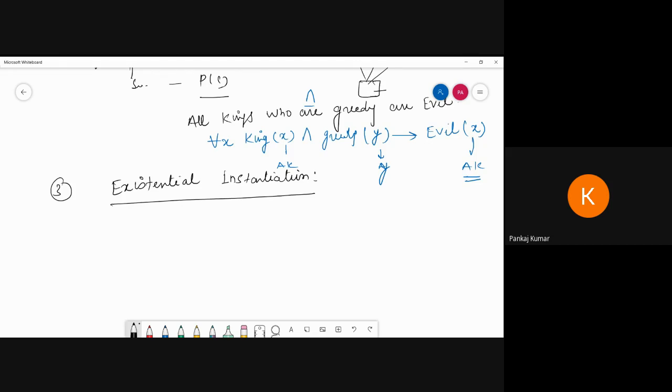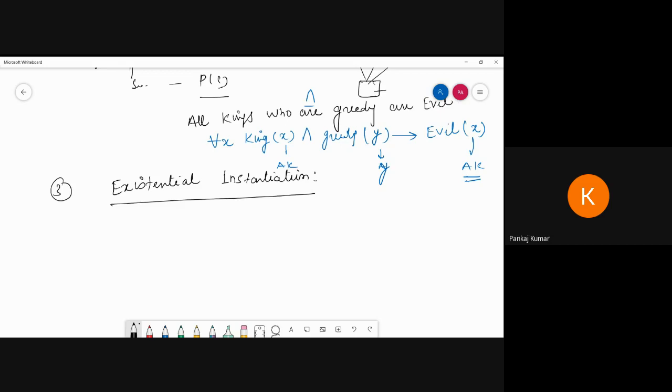If you already have some data, you have to eliminate something from that data, and after that we have to add some inference rule, and then we have to prove this is true. That is called existential instantiation.